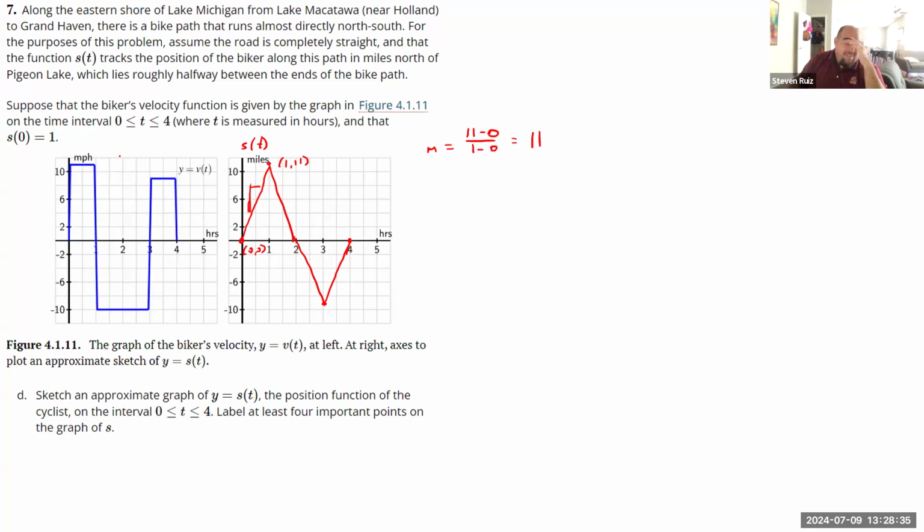Slope is 11. Does that make sense with the velocity graph? It does. Our slope is 11 on the blue graph, the one they gave to us. So I will leave it to you to make sure the other 2 slopes make sense with the given velocity graph. But that should be the end of that question there.